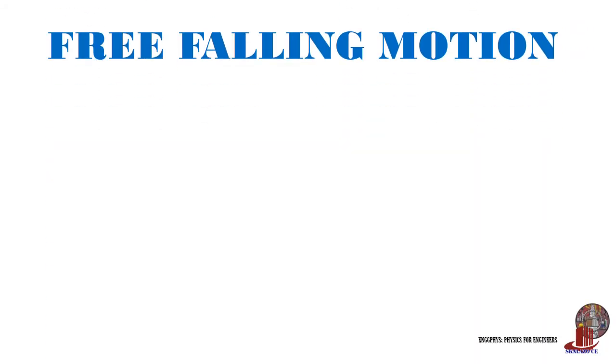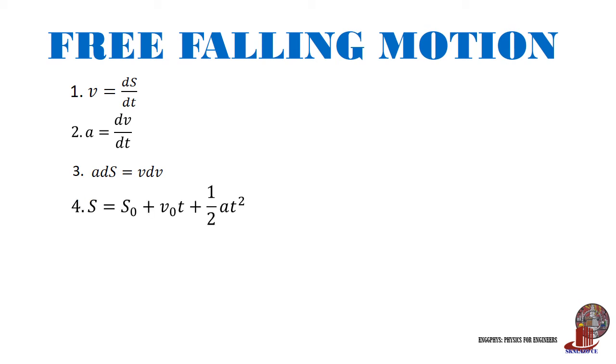Free falling motion considers a straight vertical path. The basic motion equations would remain the same, and the other derived equations are just modified, with position such as s is equal to s naught plus v naught t plus half of a t squared, for y is equal to y naught plus v naught t plus half of g t squared.